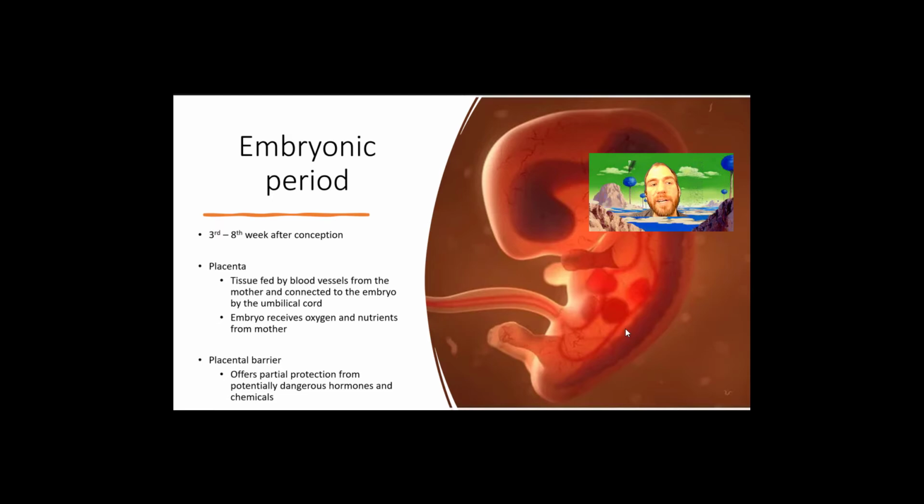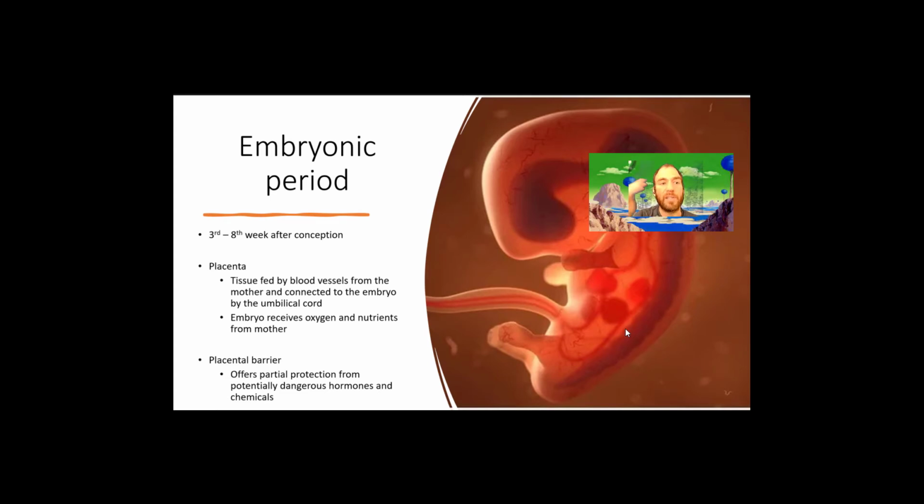I'm going to cover this a lot in class, but the idea with the placental barrier is that, say a mother is stressed, then the mother will release stress hormones. The placental barrier is trying to block those stress hormones from reaching the fetus.